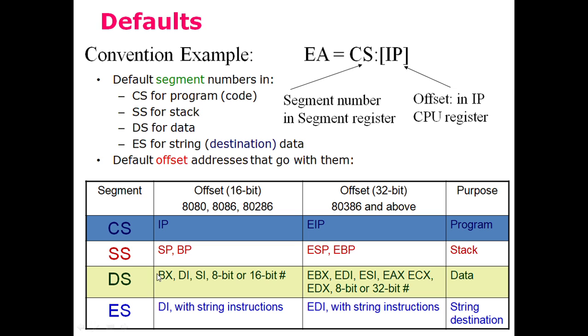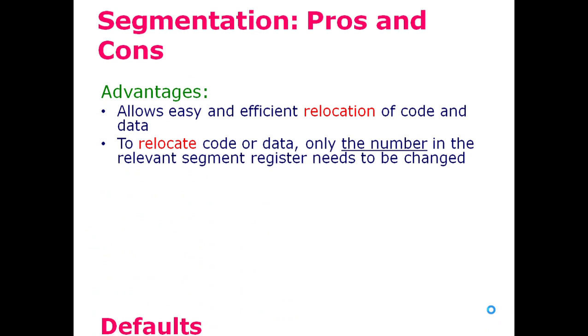The data segment is used to store data. For the extra segment, DI with string instructions is normally used for the offset address, EDI when a 32-bit offset is needed, and this is used for the string destination.